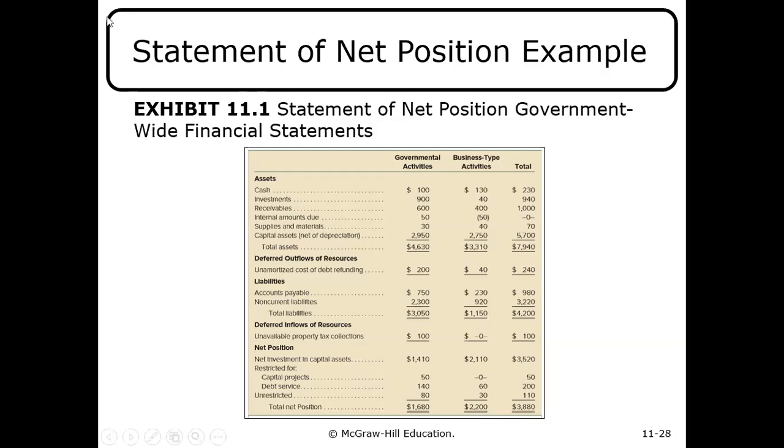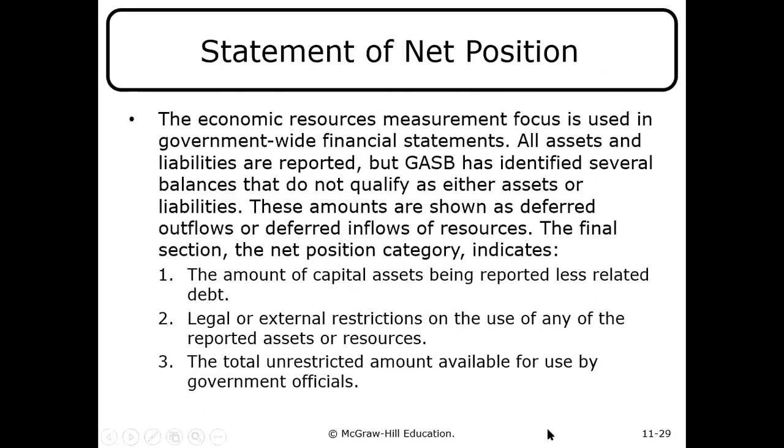So I'll probably go back and forth here. So the economic resources measurement focus is used in government-wide financial statements. So all the assets and liabilities are reported. But GASB has identified several balances that do not qualify as either assets or liabilities. And they're shown as deferred outflows or deferred inflows.